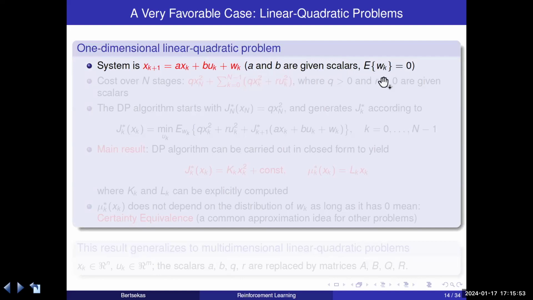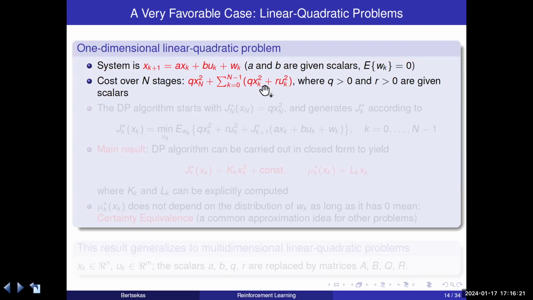So that's the system, and the cost of each stage is quadratic. Q and R are given positive scalars. This is the cost on the state and the cost on the control at stage k. It penalizes deviations from zero. It encodes our desire to keep the state close to zero. And this part here encodes our desire to keep the control near zero.